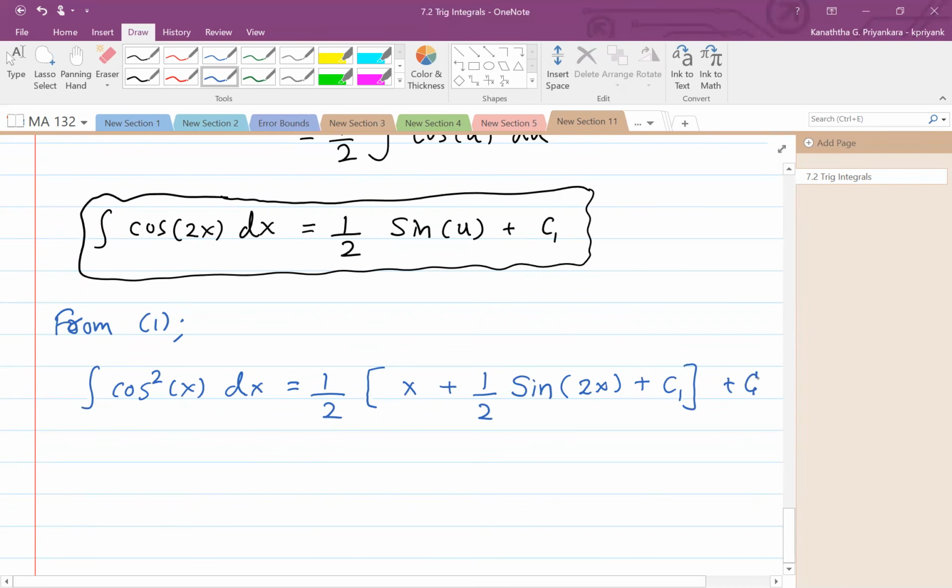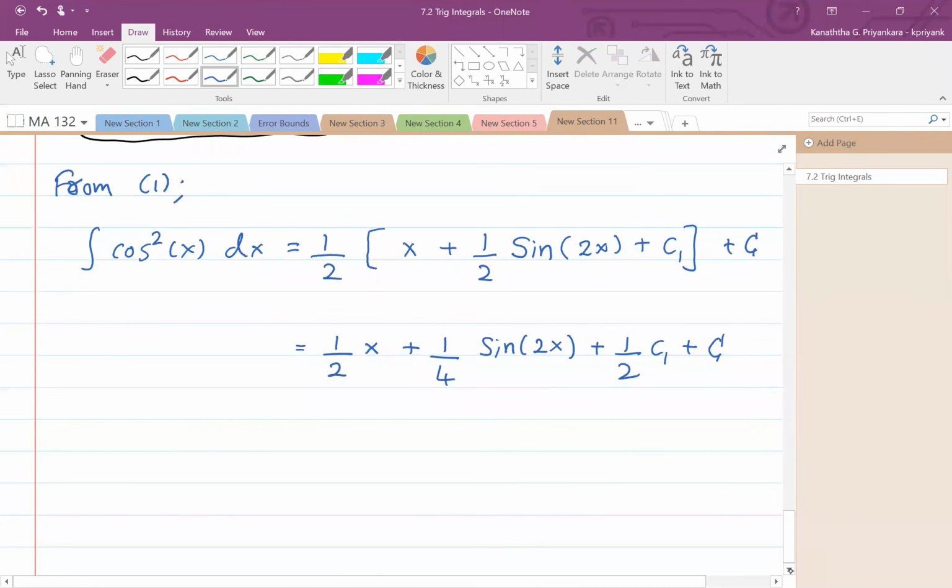Now I am going to multiply each term by 1/2. So we get 1/2 x plus 1 over 4 sine 2x, and this would be 1/2 c1 plus some constant c. Remember, we can replace 1/2 c1 plus c by a new constant.